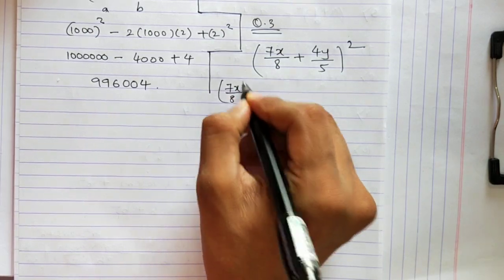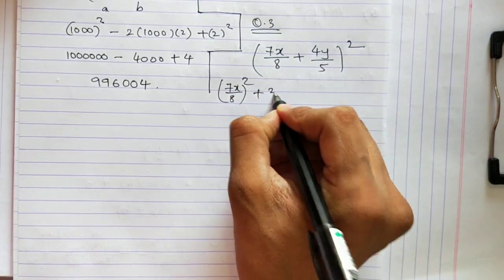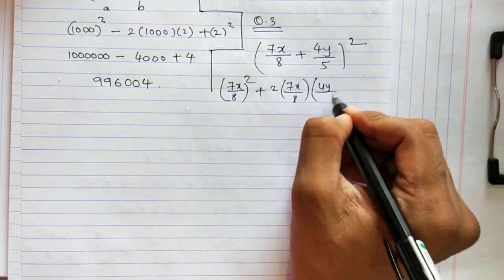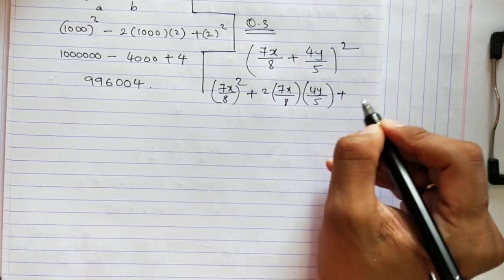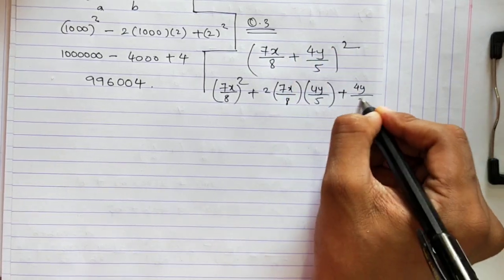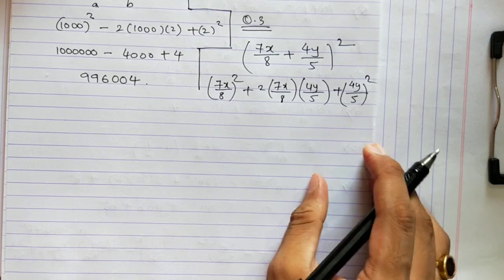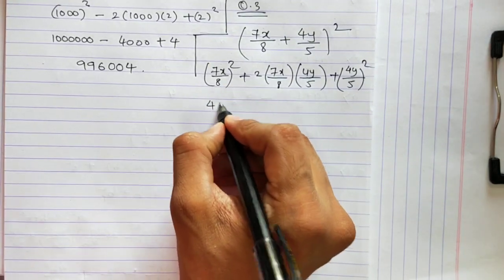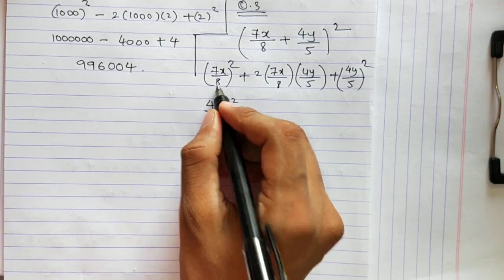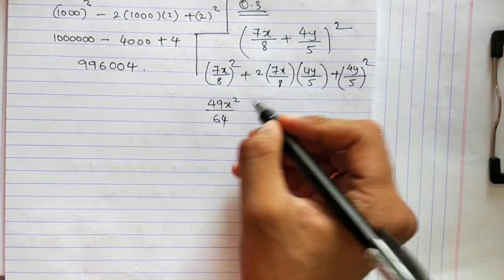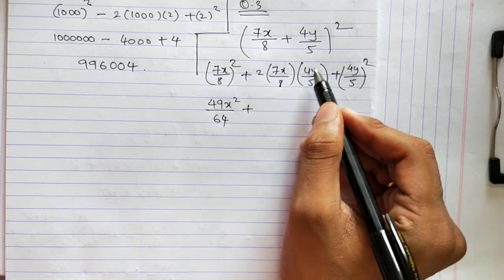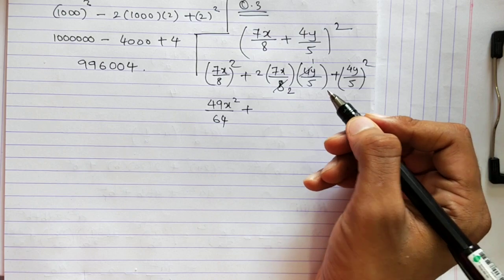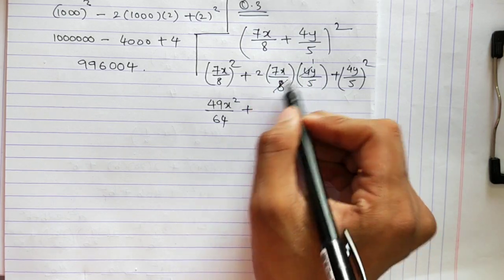That means 7x upon 8 the whole square, a square plus 2, this is a first term, b second term, plus b square, that is 4y upon 5 the whole square. Okay, so 7x the whole square is 49x square upon 8 square is 64 plus, see here we can do cancellation. This 4 ones are 4 twos are, because these three numbers are in multiplication, so we can cancel.